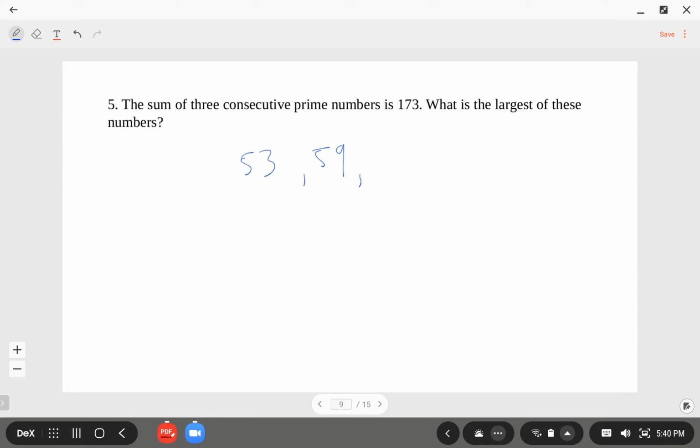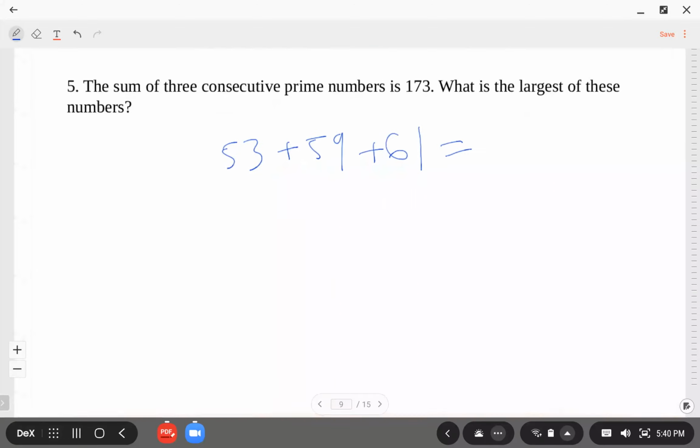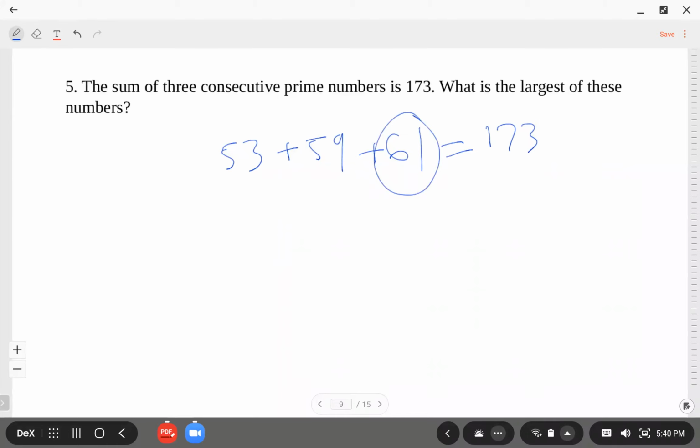And then it's going to be 61 at the top. If you add those together, you can see that they in fact do add up to 173. Then you take the largest of these, and that will be your answer, and it will be 61.